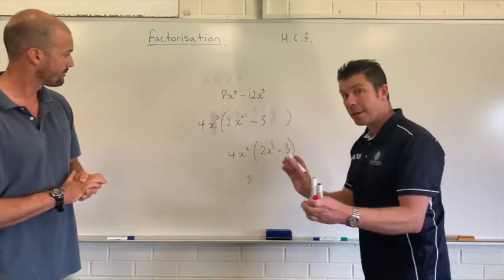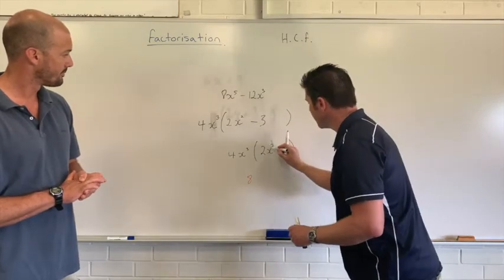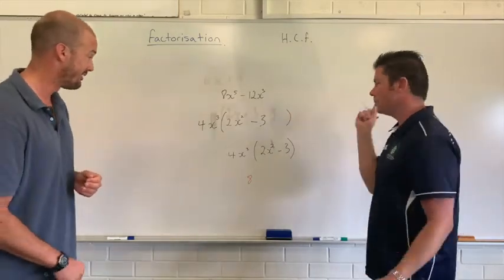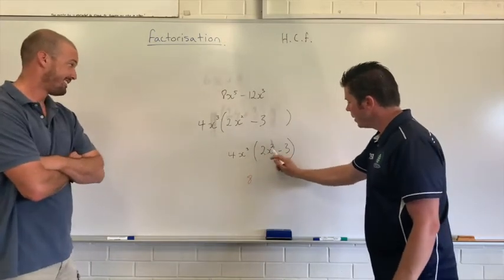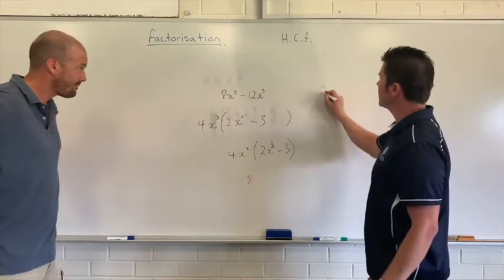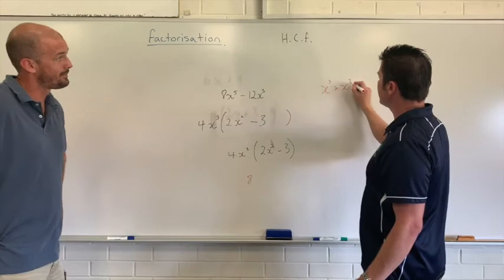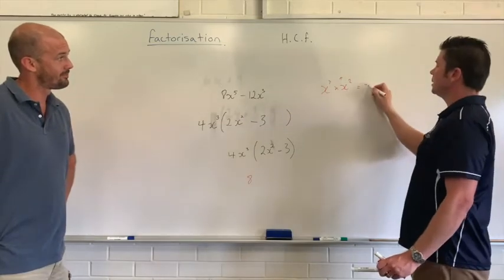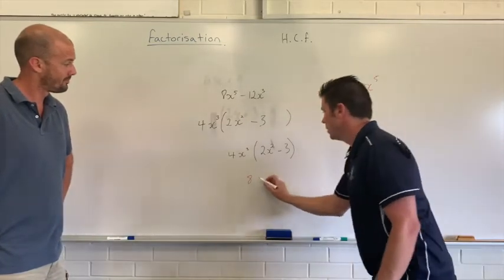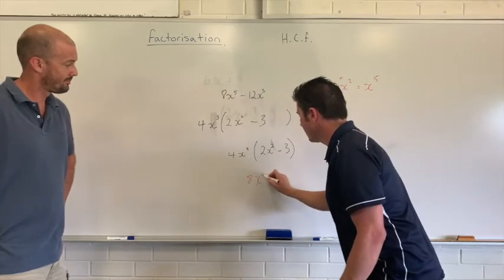Mr. Davies made a mistake there. It does happen on occasion. On camera. Rare event. So that's x to the power of 3 times x to the power of 2. We add the indices, it's x to the power of 5. So 8x to the power of 5.